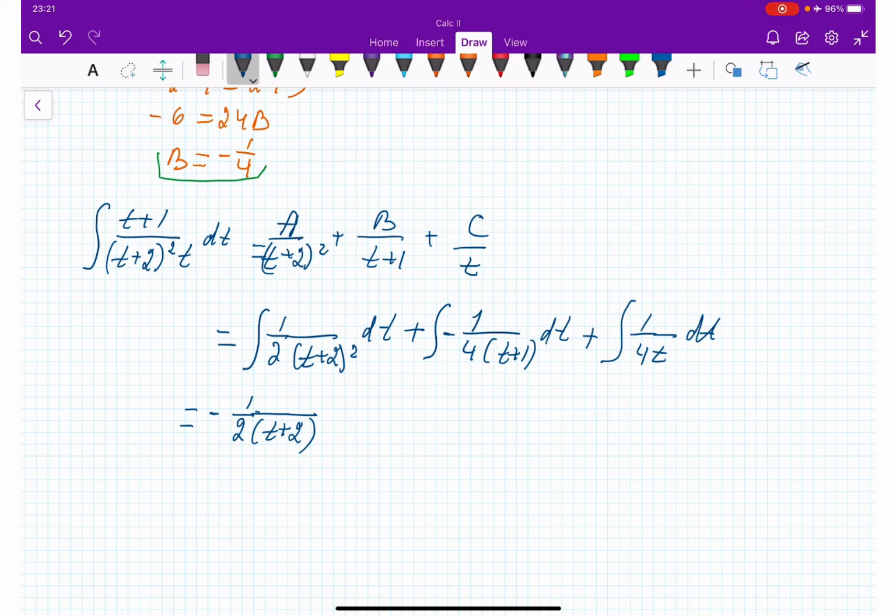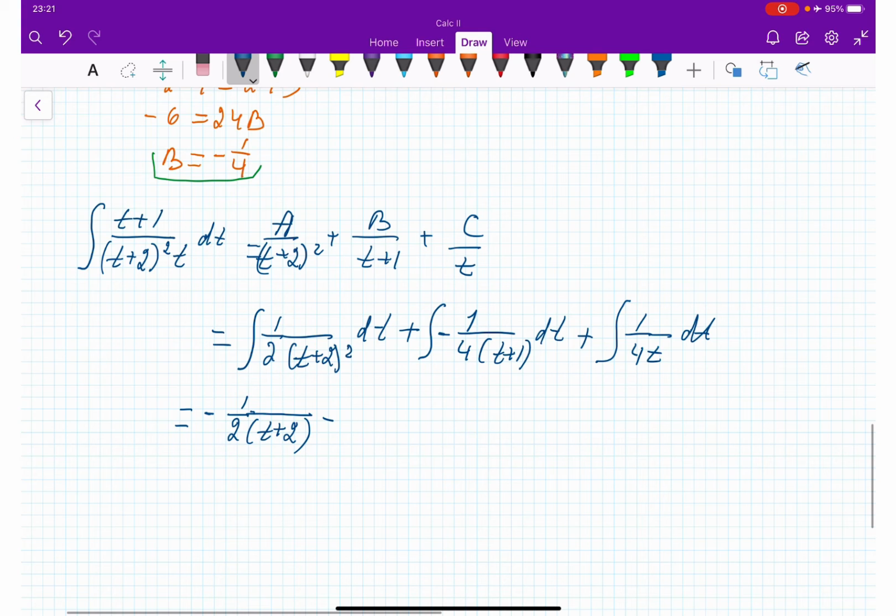Substitute t plus 2 as u and you will get this answer. Minus 1/4, this is clearly a natural log. You don't need to substitute here. T plus 2, oh, t plus 1.